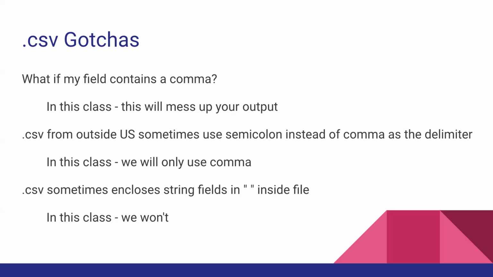Just be aware of that. We're not going to do that in this class. And then also sometimes strings are enclosed in quotation marks, and we're using escape characters and things like that if there's a quotation mark in your data, et cetera. So just in this class, we're not going to do any of these things, just to keep it simple.